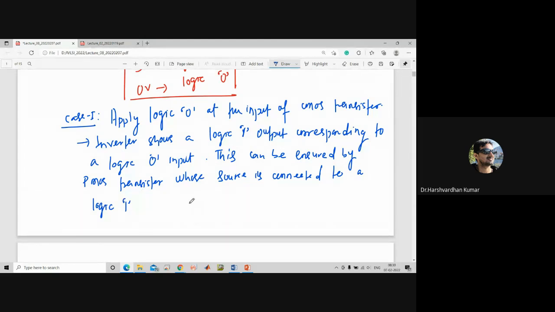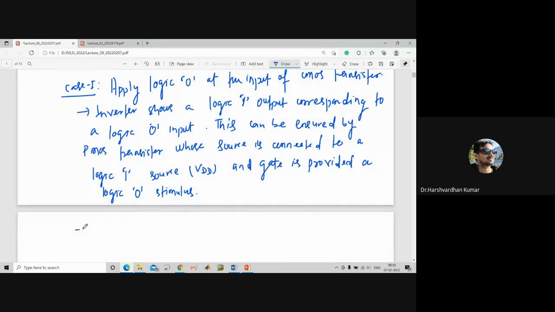So the logic 1 source, that is VDD, and the gate is provided a logic 0 stimulus. Stimulus means excitation. Do you know the meaning of excitation in technical terms? Excitation means input signal.